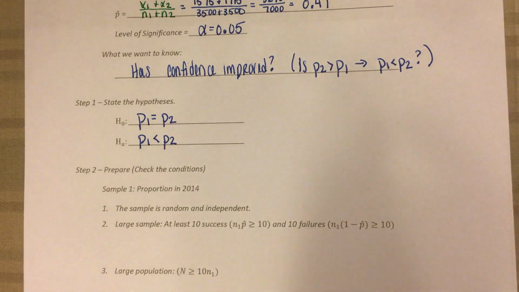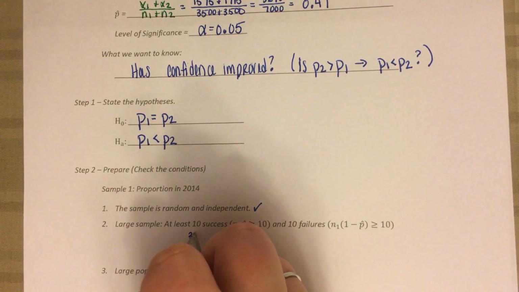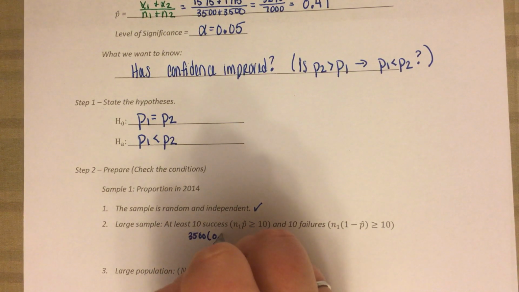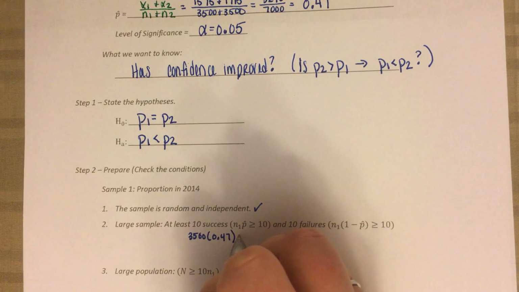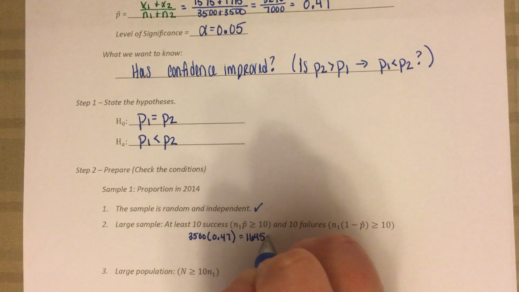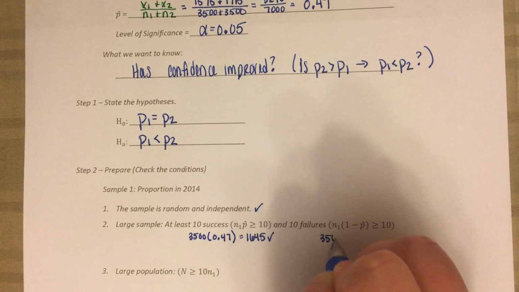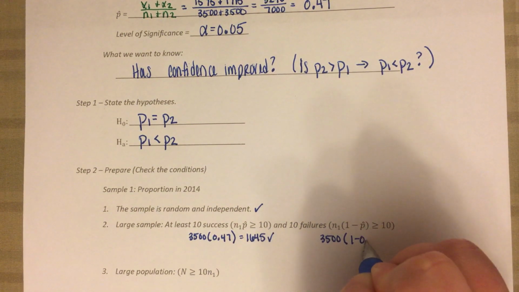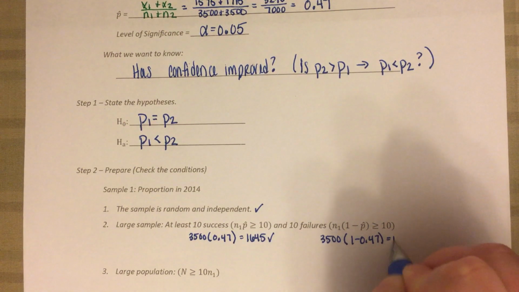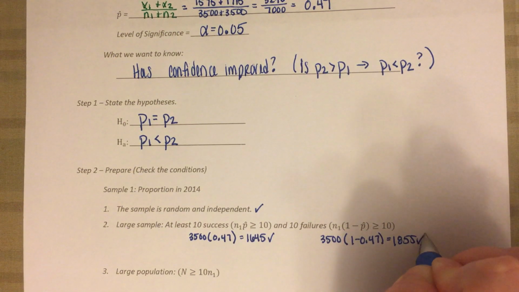All right, so we're going to check our conditions. We're going to assume that they are random and independent. We're going to take this 3,500 times 0.47, we get 1645. 3,500 times 1 minus 0.47 gives us 1855.